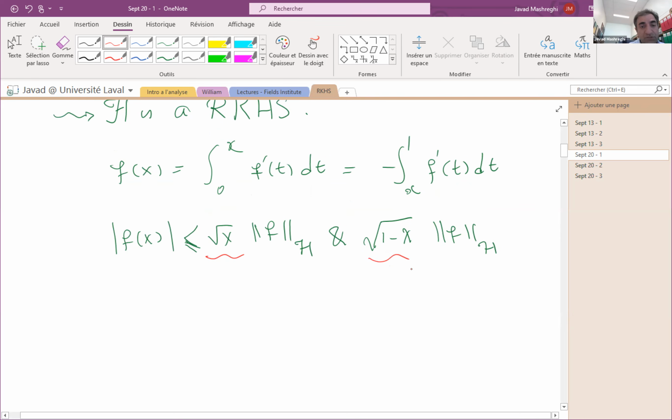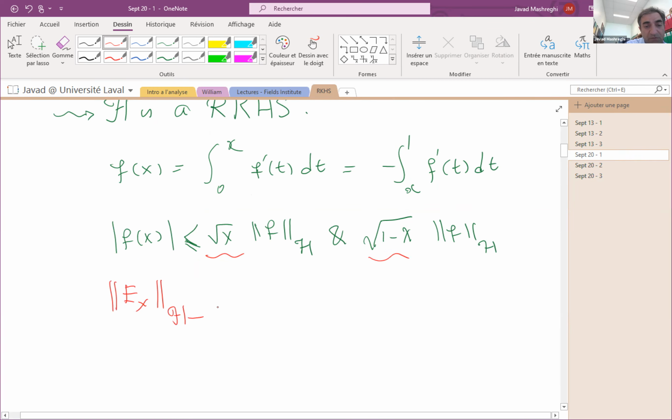They just give an upper bound for the norm of e_x as an evaluation from H into R. Both show that it's less than or equal to the minimum of root x and root of (1 minus x).